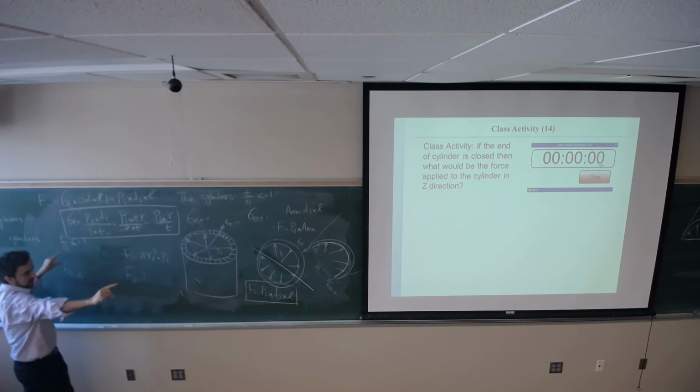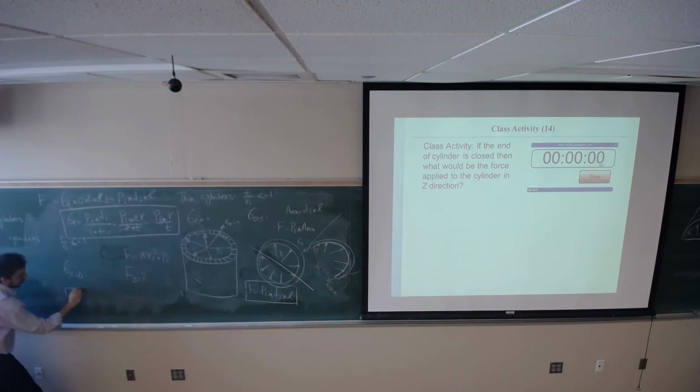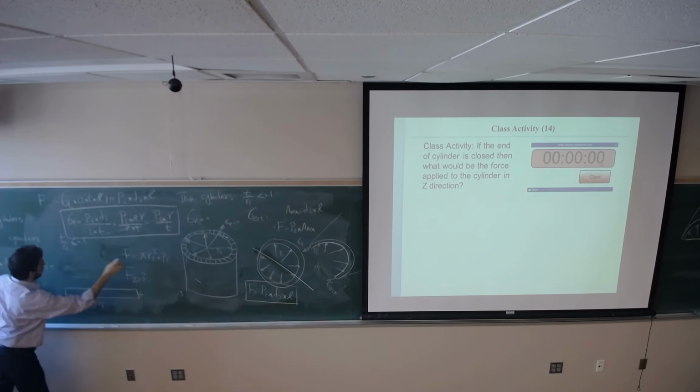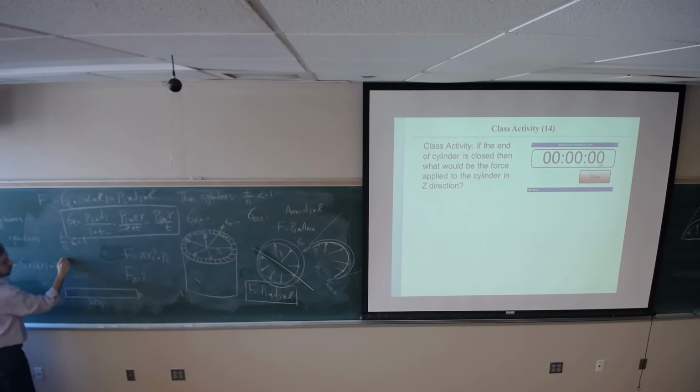If you just expand this, you get 2 pi Ri times thickness. So it's sigma z times 2 pi Ri t. This force should equal pi Ri squared times p.